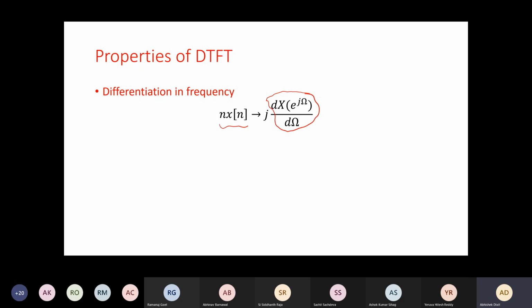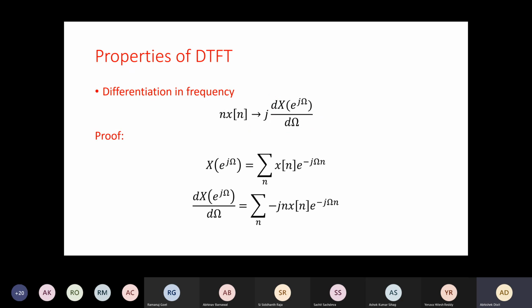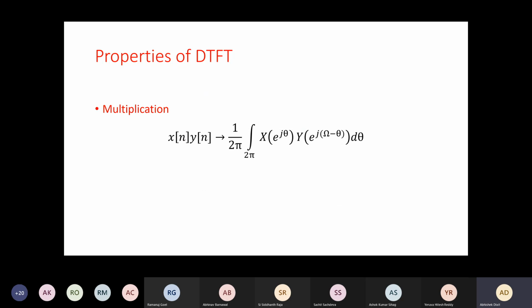Seemingly very weird questions can be created if you know this property. The proof of this is simple. X(e^jω) is given by this. So dX(e^jω)/dω would have this as the transform, minus j n x[n]. Fine. So all this is simple.